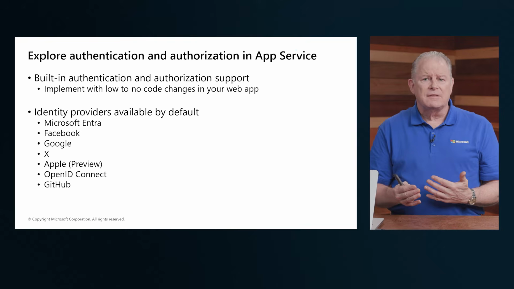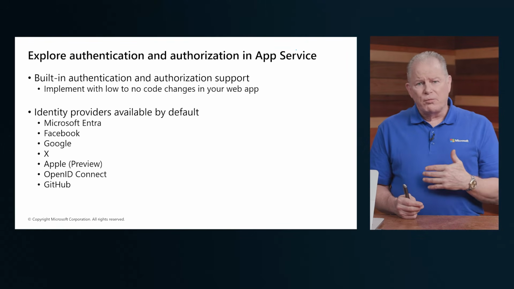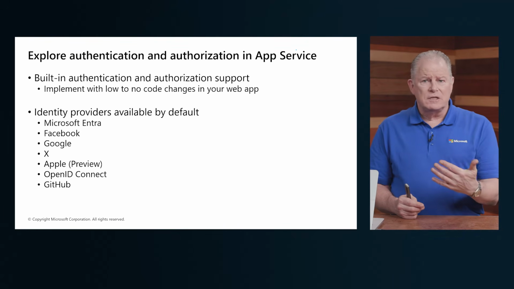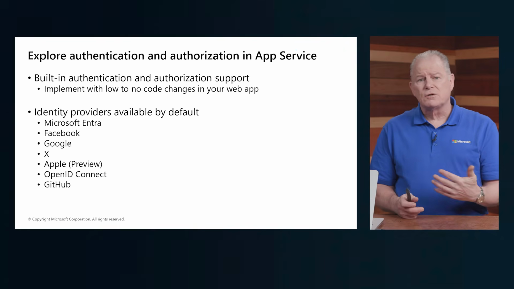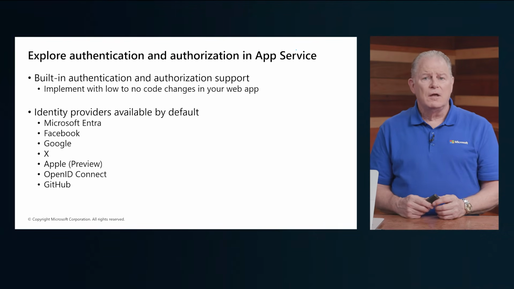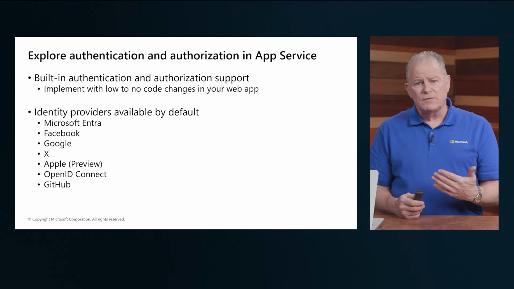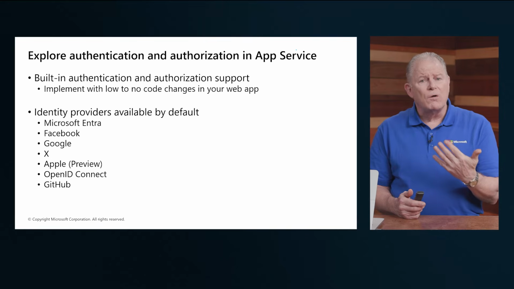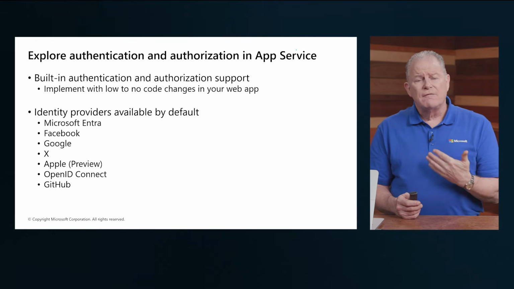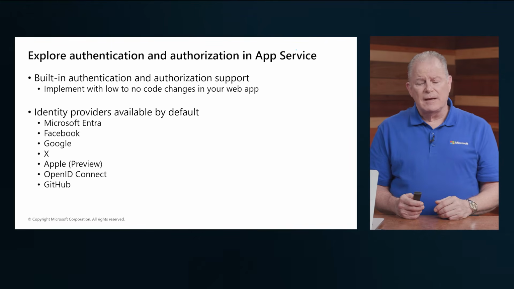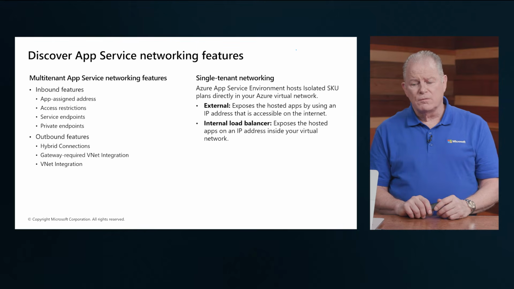You can use them to authenticate either in a private Entra ID account that you're dealing with. You could have a business to business or even a business to consumer model for the authentication. But those SDKs and the authentication is built into the app services. You don't have to write them into your code. They can leverage that capability from the app service and the app service plans that your code is going to run.